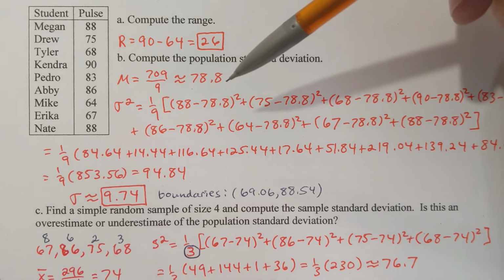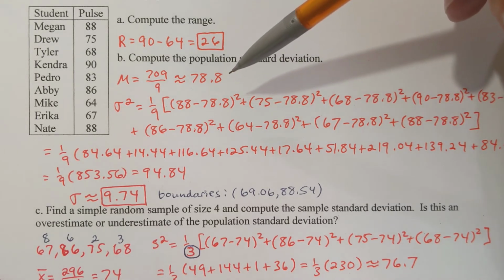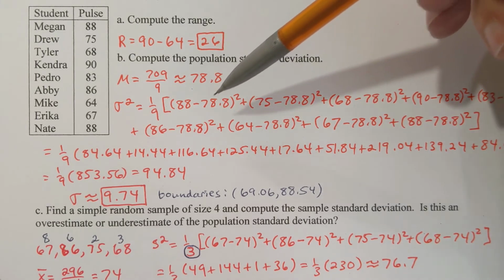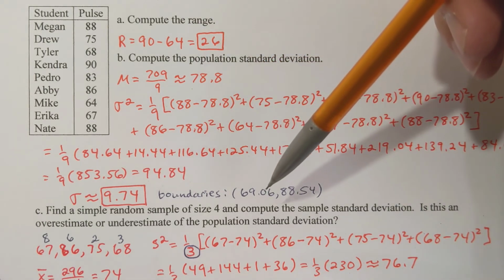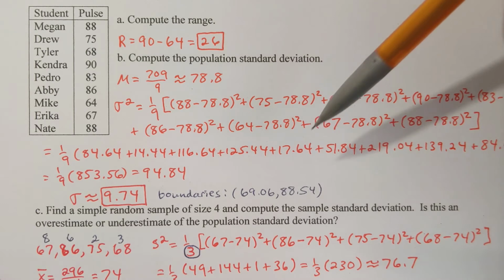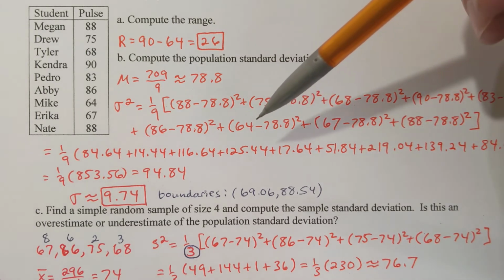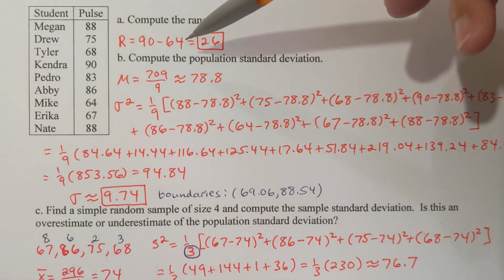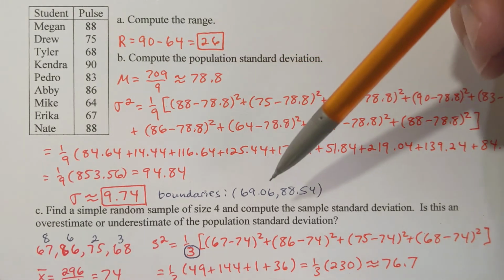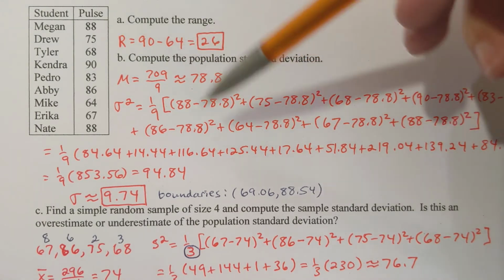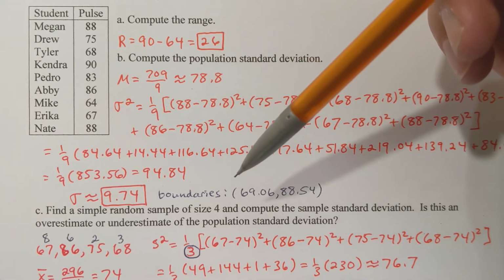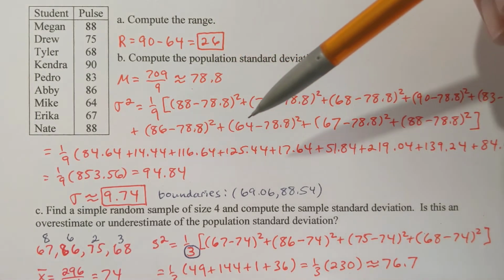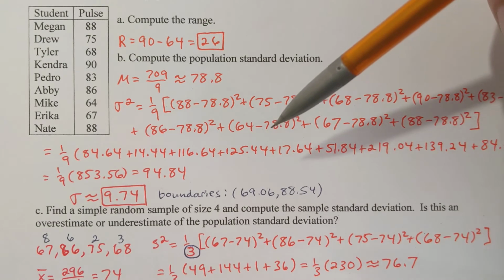Now, if I'm sitting at the mean, 78.8, and I subtract 9.74, I get 69.06. Well, the smallest number that I had was 64, right? So I'm within my range, which is good.